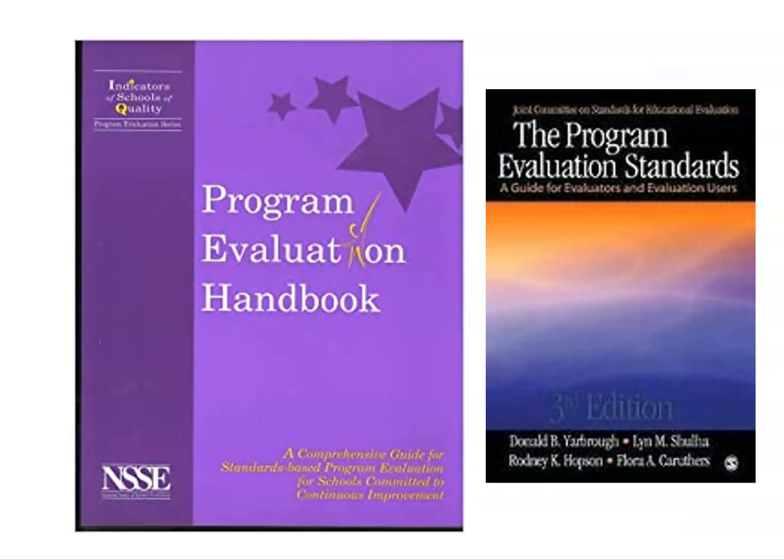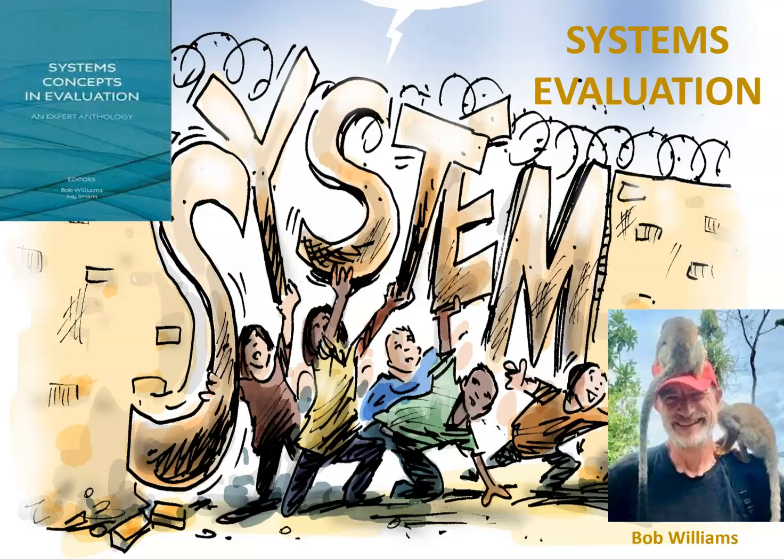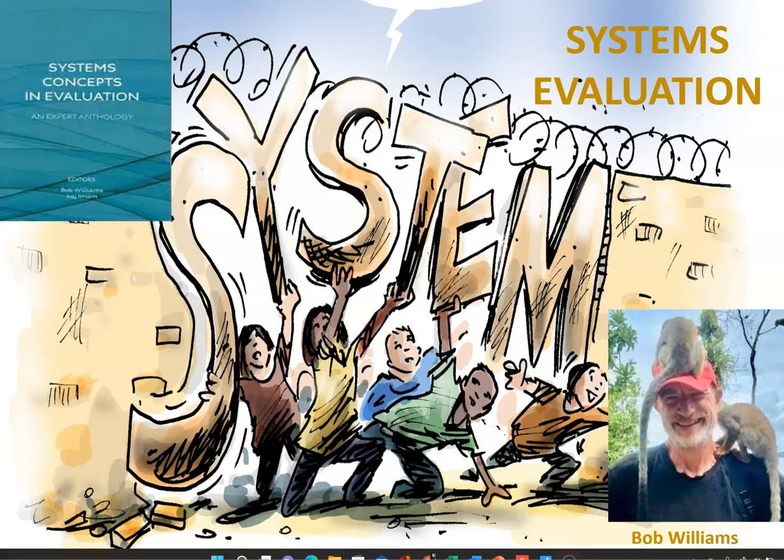There's a great deal of advice and guidance about how to do program evaluation. But in recent years, attention is turning to doing systems-level evaluation. Systems evaluation involves looking at the complexities, interdependencies, perspectives, boundaries, and dynamics of systems.